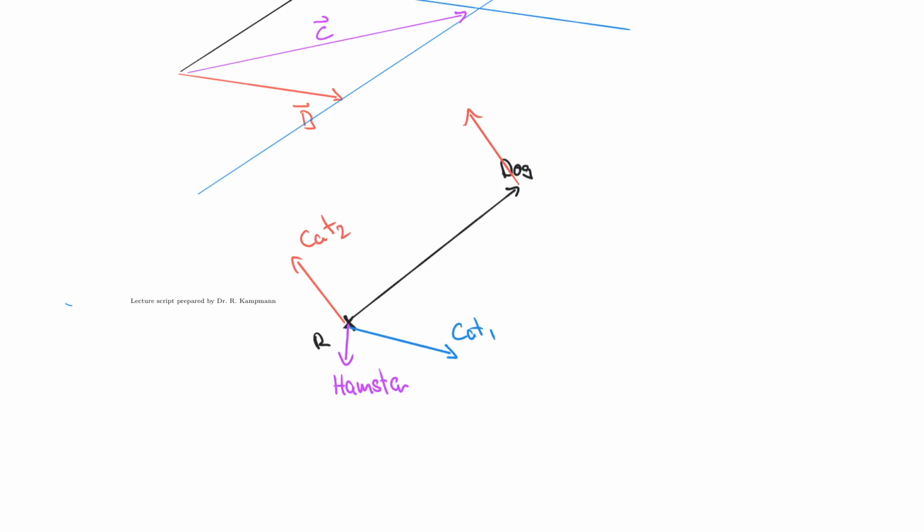And then the hamster was going in this direction. And the cat moves in this direction. And ultimately, I, Raphael, would be pulled in the direction from my starting point to the end point of that head to tail method. So this is the direction I would be pulled.